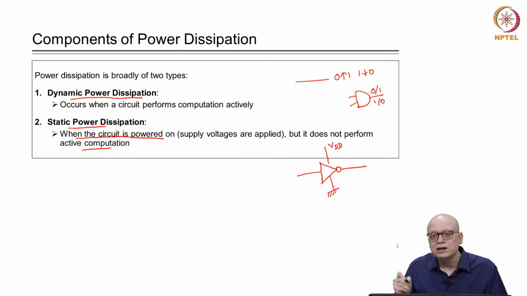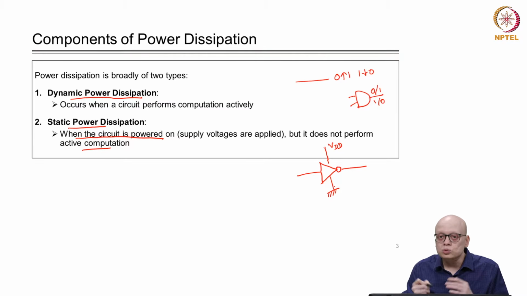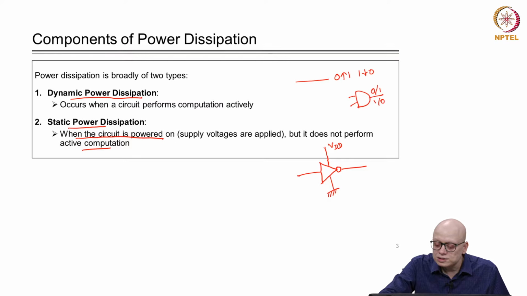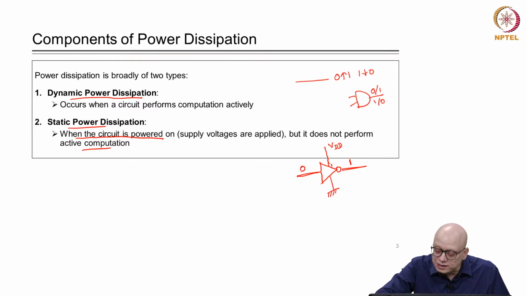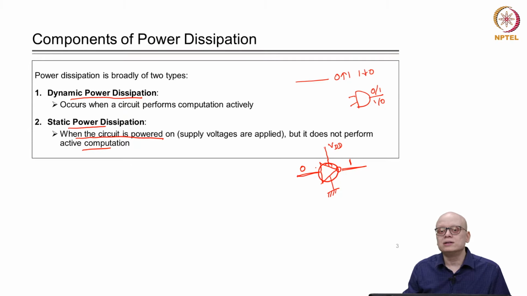Suppose the value of the input net and the output net are not toggling, they are held constant. Suppose the input was held constant at 0 and the inverter produces an output 1 in this case. If these signals are not changing, then the power which will be dissipated by this inverter is the static power dissipation.